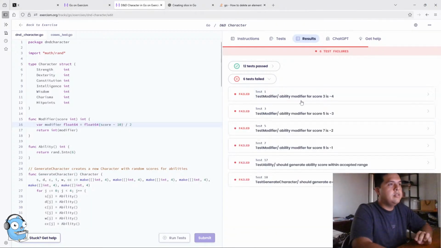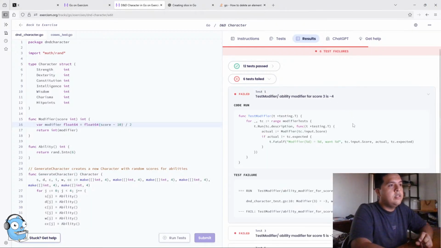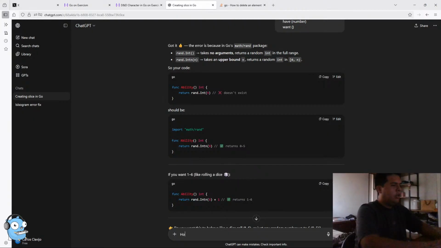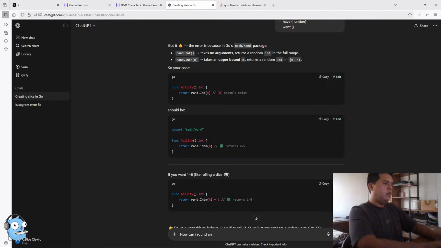Okay, 12 passes. Ability modifier 3. How can I return a float64 value as an integer?